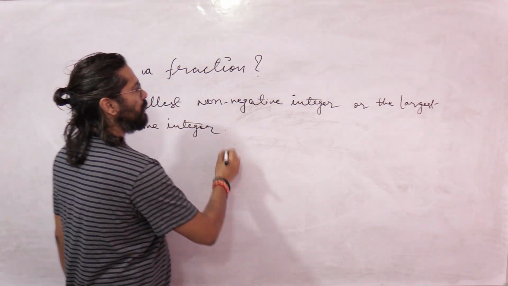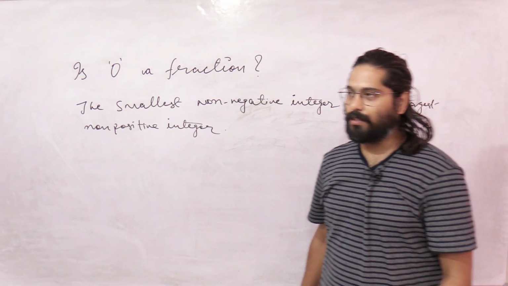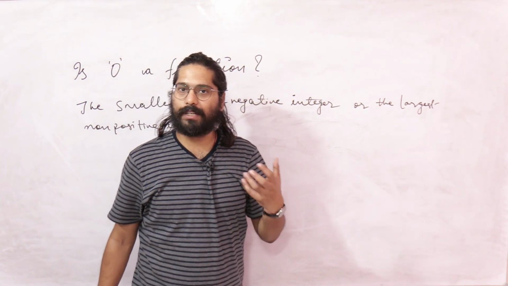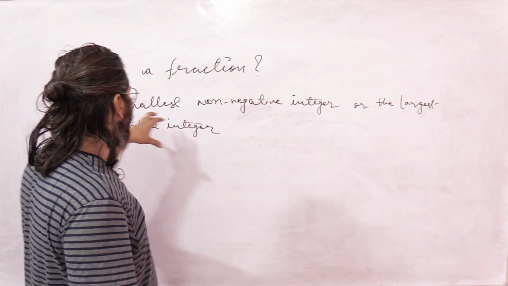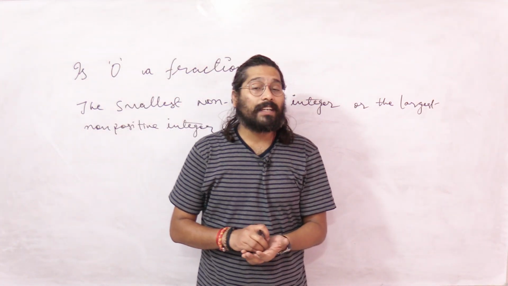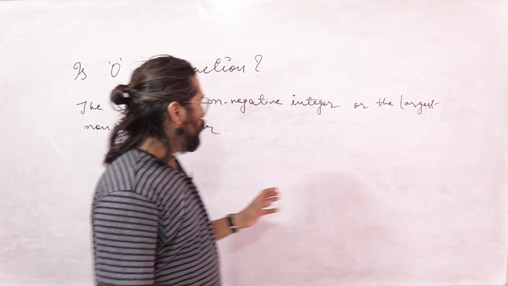So, as you can see, 0 is definitely an integer. This is not something that anyone contradicts. 0 is definitely an integer in mathematics. 0 is a number which is an integer. Now, this is something that you have to remember.